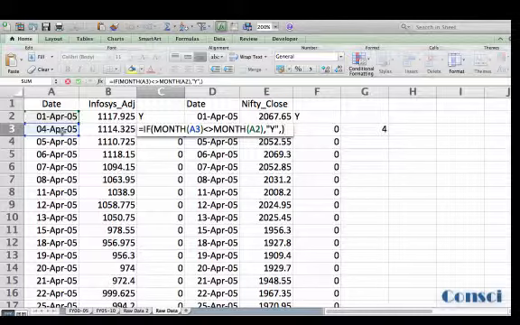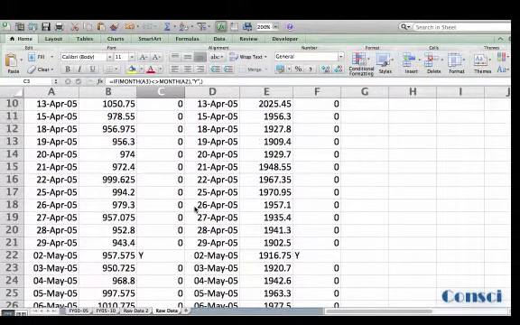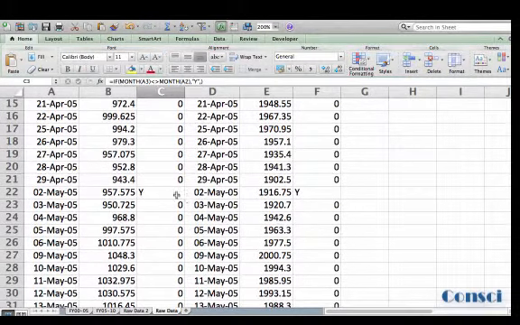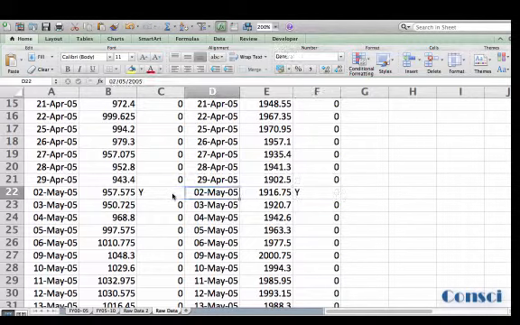If the month of the recent date is not matching the month of the earlier date, then display the Y flag. So if you scroll down and see over here, when the month changes, you would get a Y flag. In this manner, we have filtered these data points to get the monthly data.